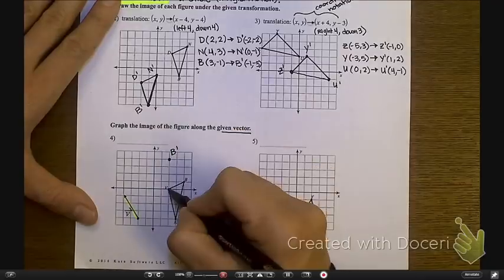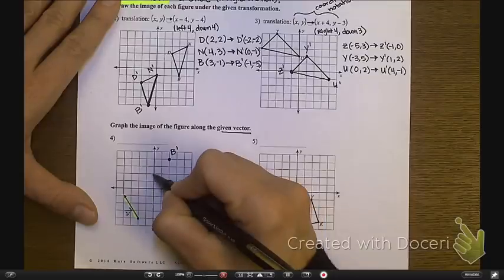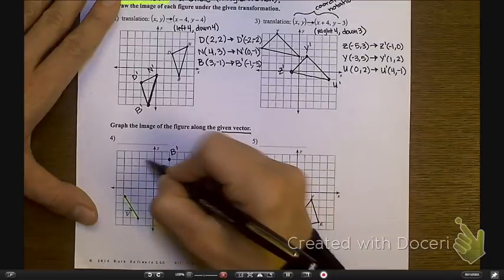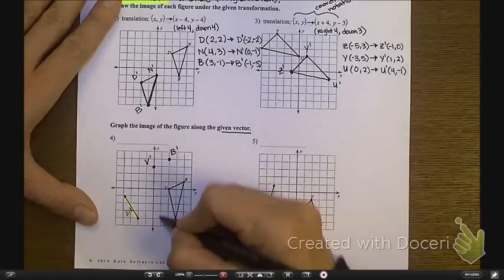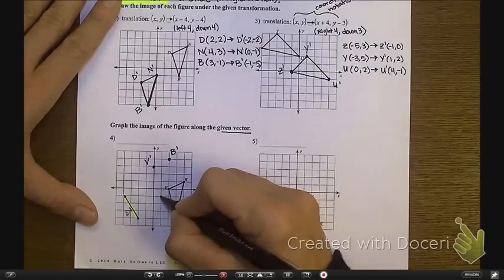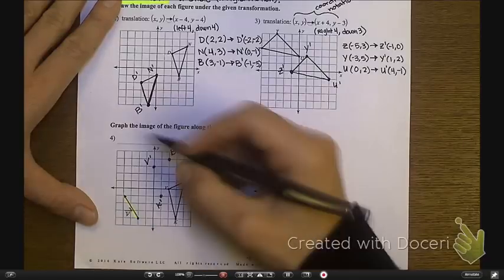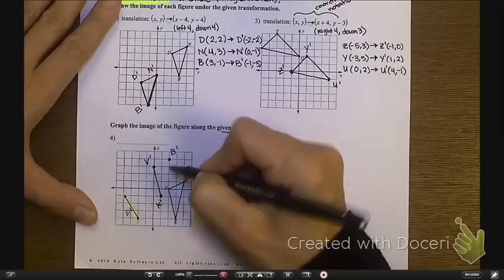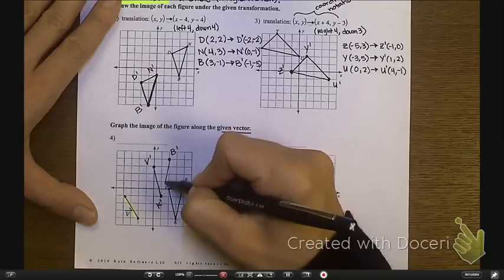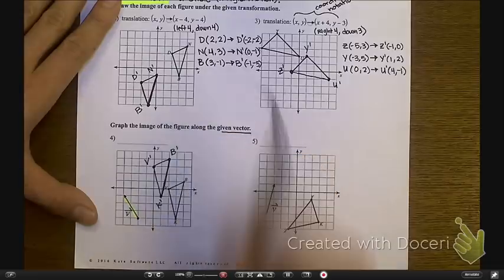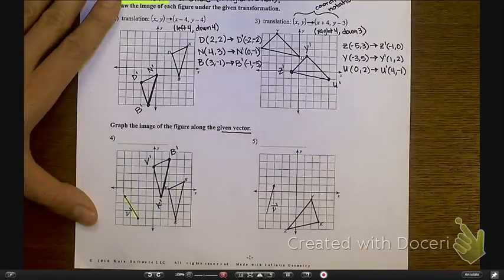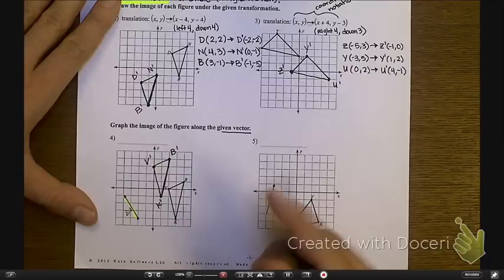Then I'll do V. 2 to the left, 3 up. That would be V prime. And then 2 to the left and 3 up, 1, 2, 3. That there would be K prime. So now if I connect those dots, I now get my image, which is the same size, just in a different position.